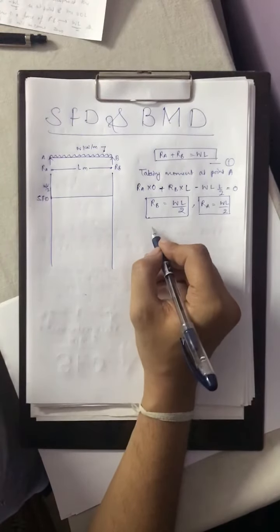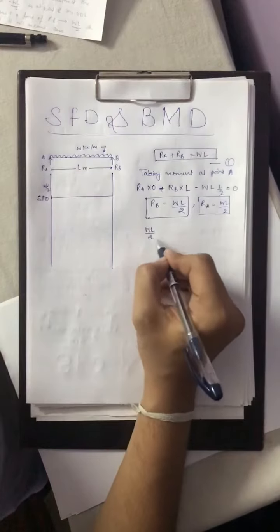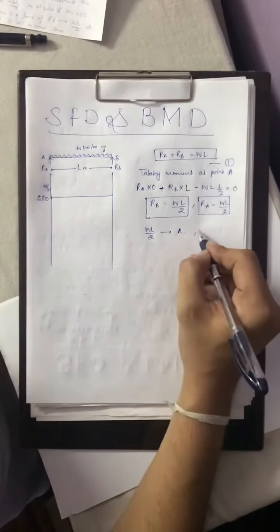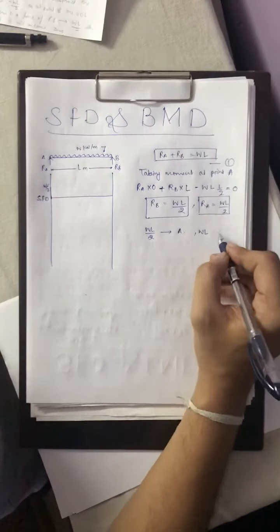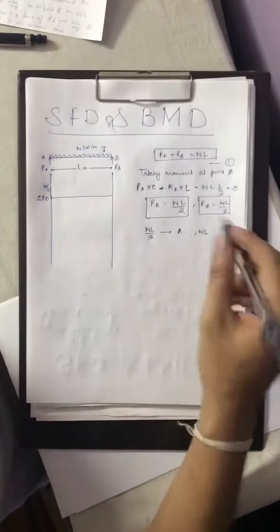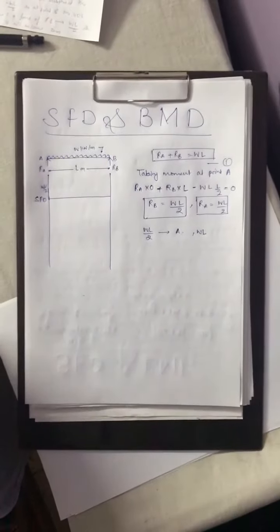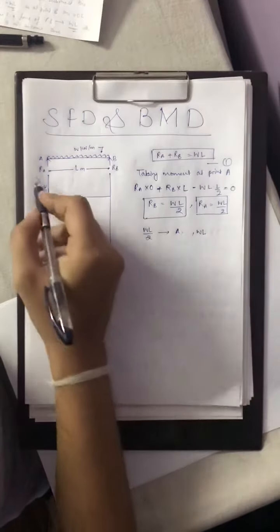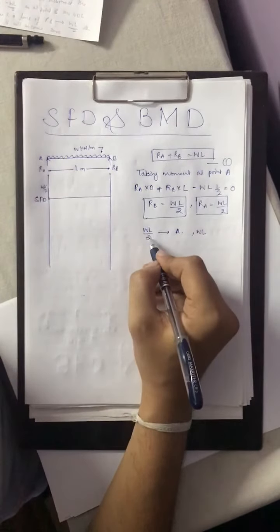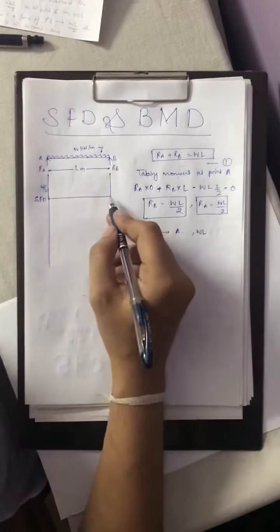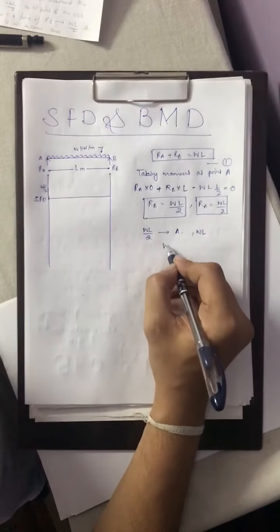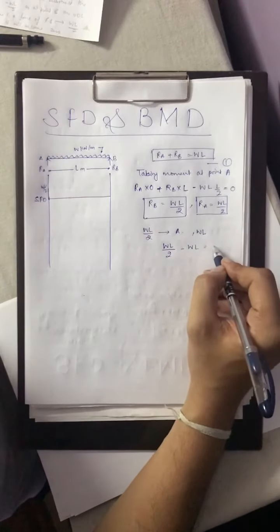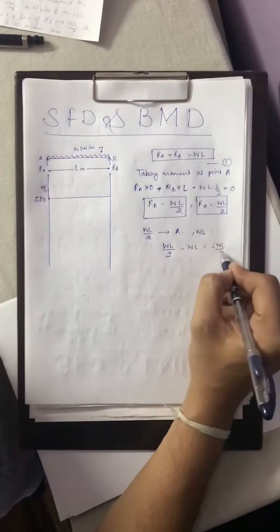So here we have WL by 2 at point A and WL load acting downwards, so it will get subtracted from RA, which is WL by 2. So at point B it will reduce to WL by 2 minus WL, which is minus WL by 2.